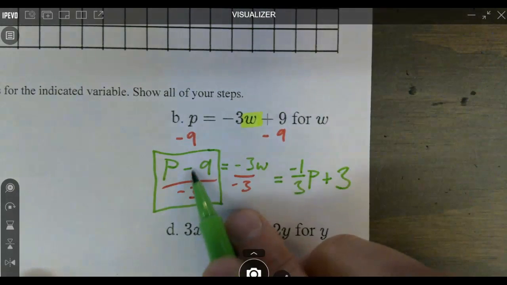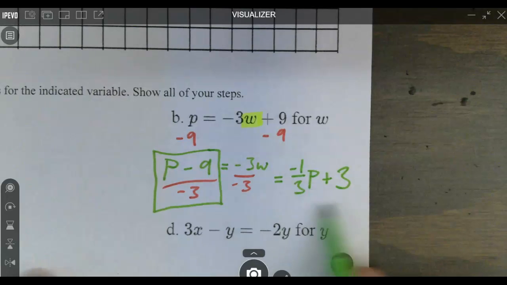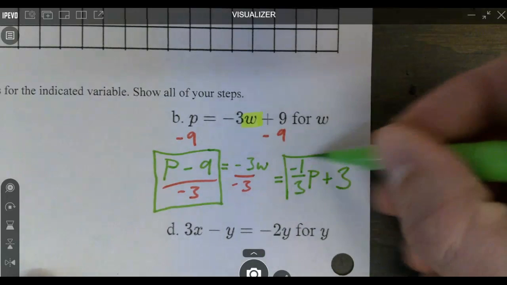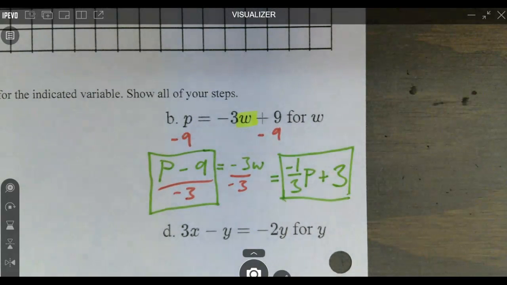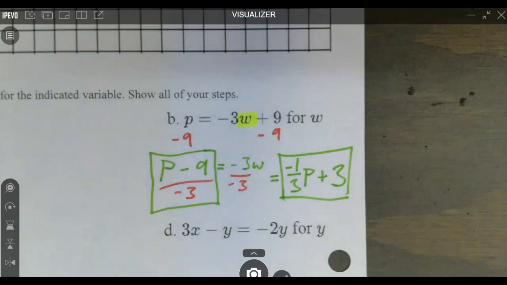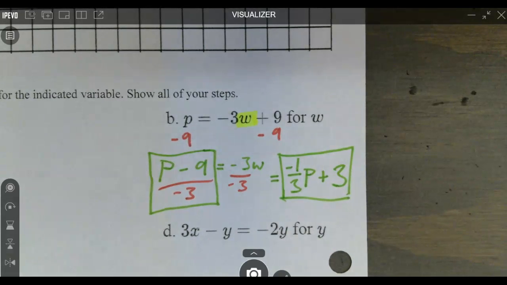Because a negative divided by a negative, right? So that is also a correct way to have your answer: negative 1/3 P plus 3. So is that the same as P over negative 3 plus 3? Yep. All different forms of the same expression. Sorry, my bad.